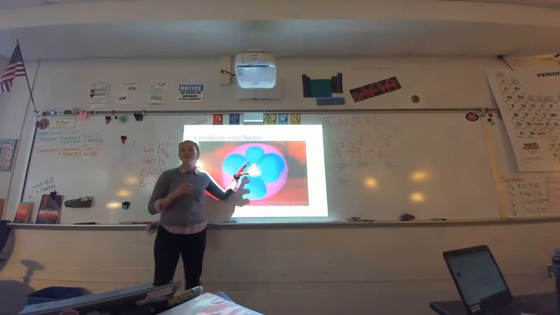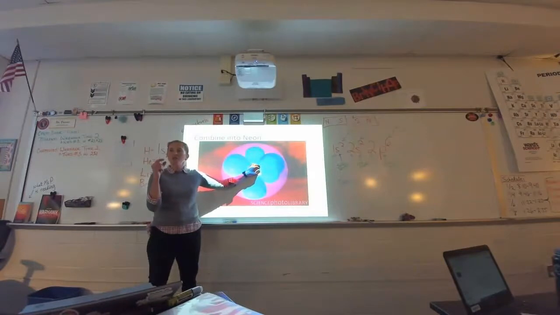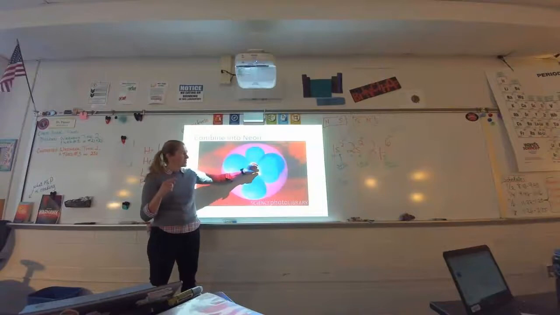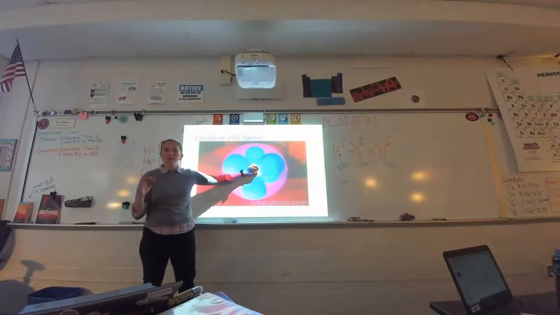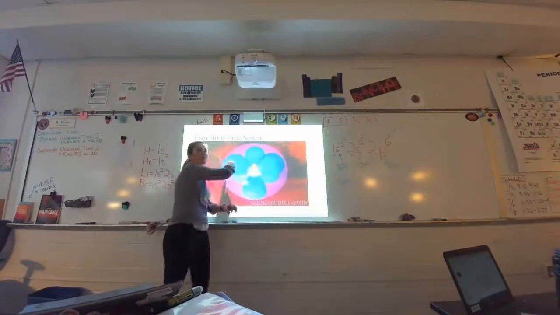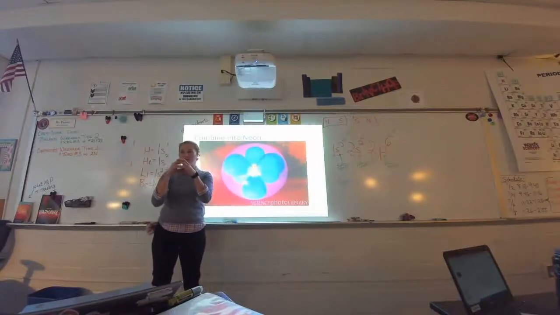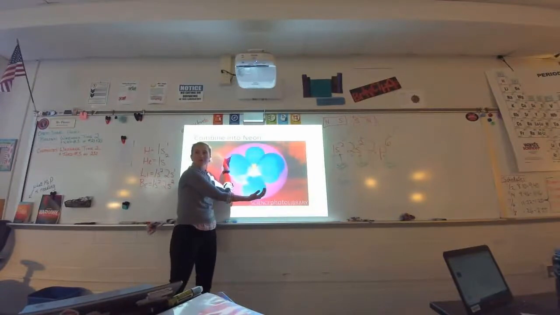So if we were just looking at helium, we would just have this, because helium is one energy level, and it's a sphere shape. So this would be just helium. If we were looking at lithium or beryllium, it would be this and this, because we have 1s, and then lithium and beryllium is 2s.